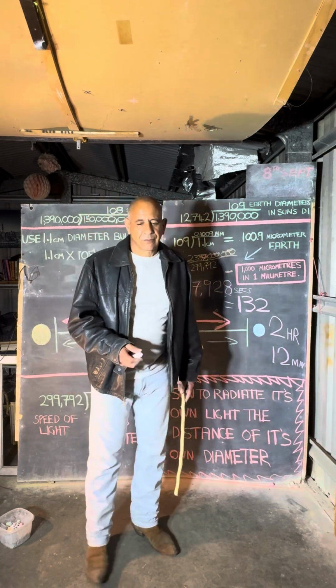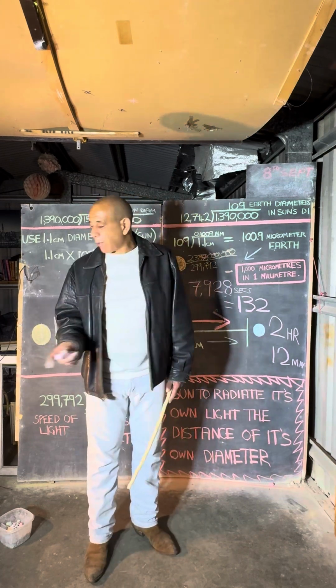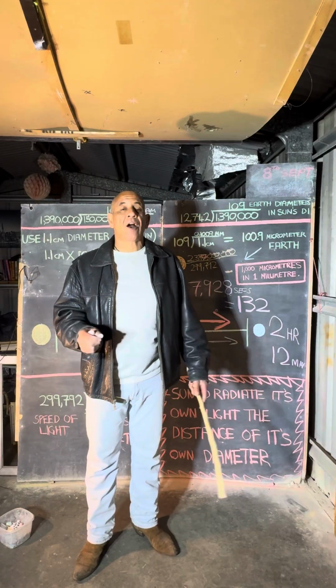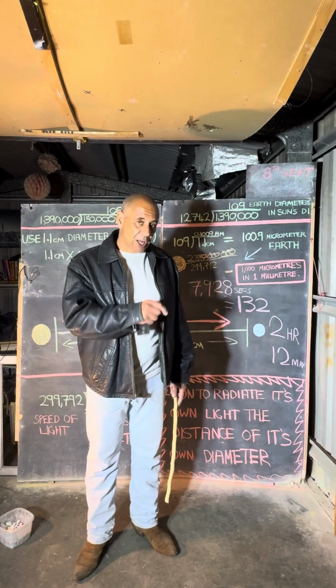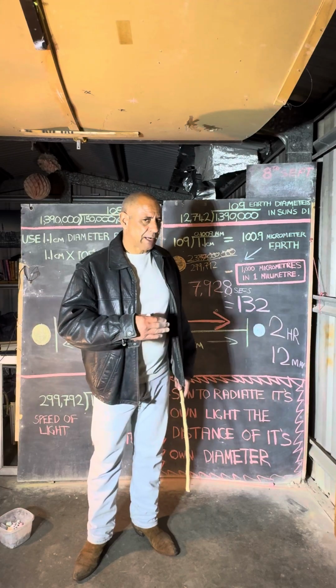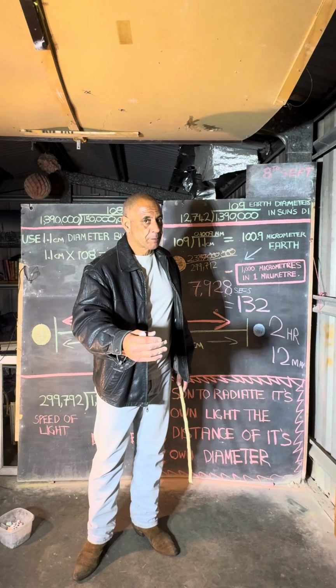So the sun, this bulb goes bang, 100,000 diameters in a heartbeat, right? The sun takes 4.6 seconds to radiate just one diameter.